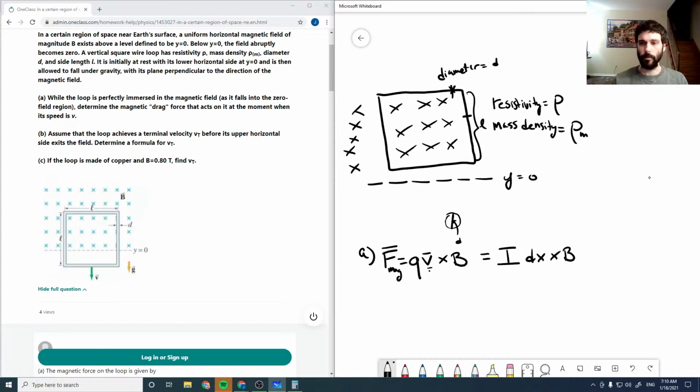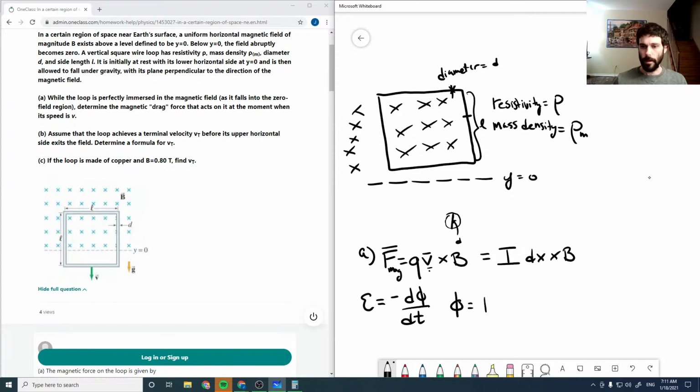now to figure out what current is going to be flowing, we would need our EMF. So our EMF is going to be minus d phi by dt, where phi is our flux.